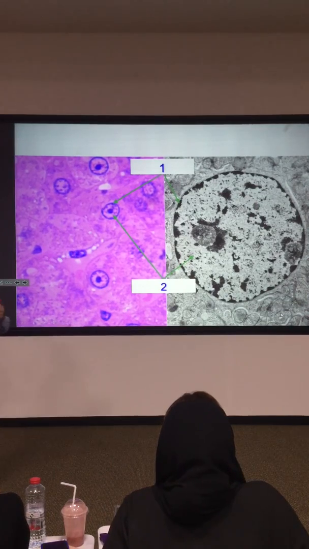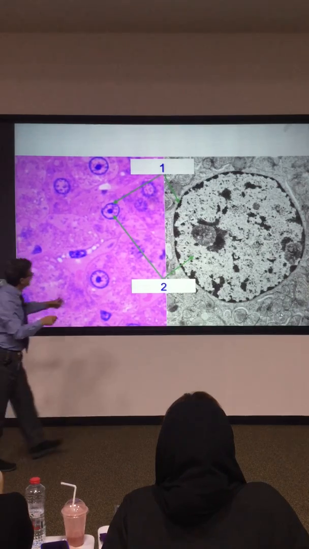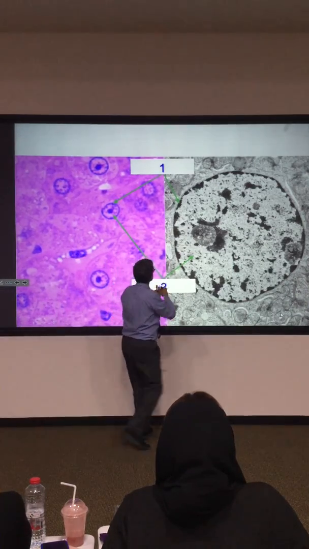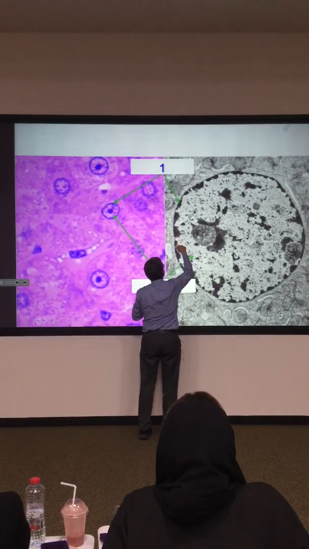Okay, you can say nuclear membrane. If I tell you no, it's not the nuclear membrane. It is slightly underneath the nuclear membrane. It's inside or inner to the nuclear membrane. It is pointing to these structures. What are these?